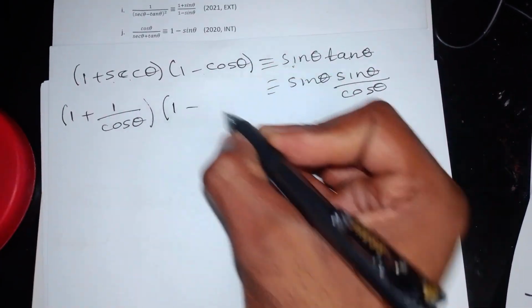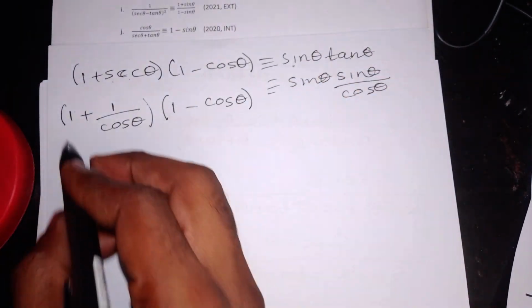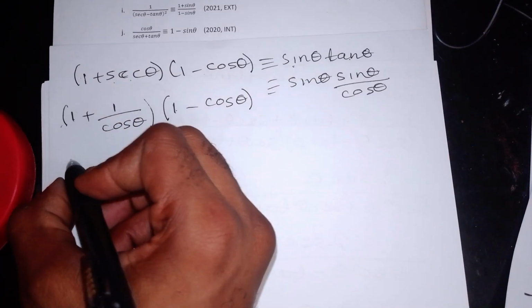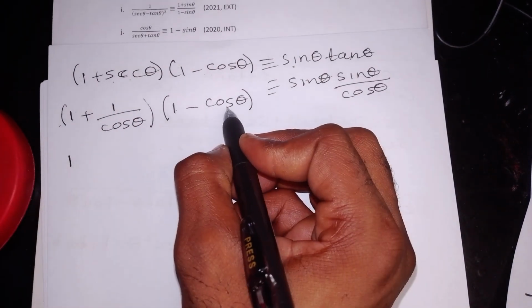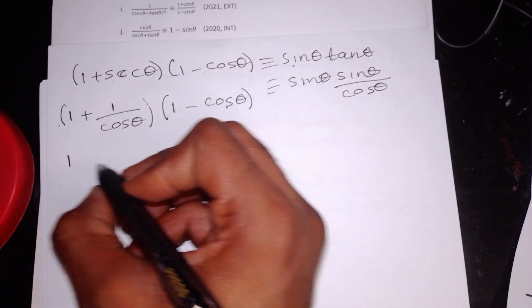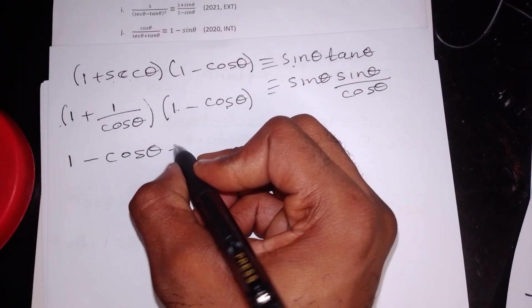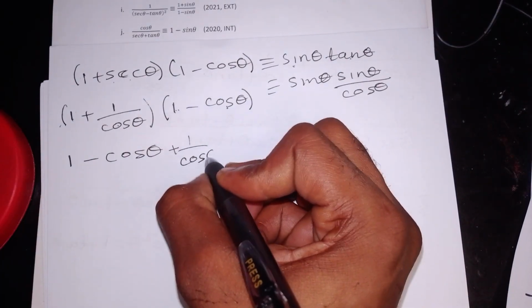But if you're okay with this, you can still use it. So 1 minus cos theta. So now we can expand. 1 times this, we have the 1 times cos theta. This will be cos theta. Then this times this, we have 1 over cos theta.